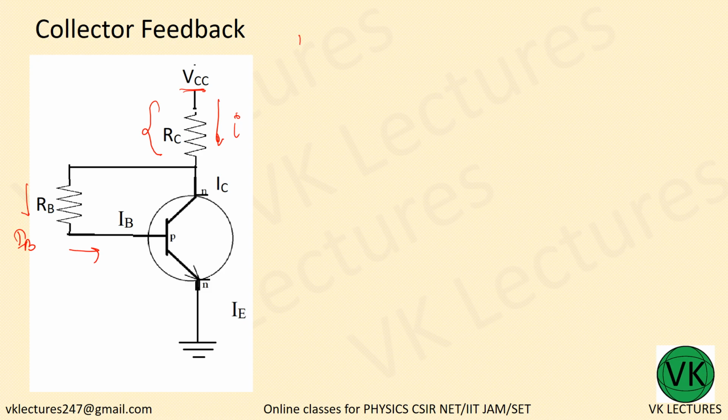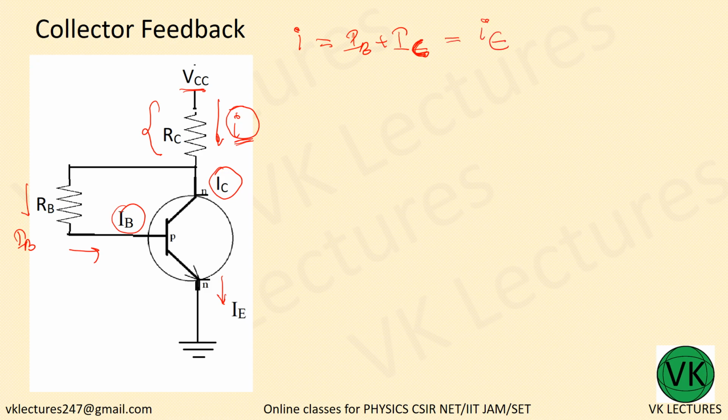Okay, so I is equal to IB plus IC, sorry, IE, the total current. This current plus this current, but here it is I, which means this is equal to IE.